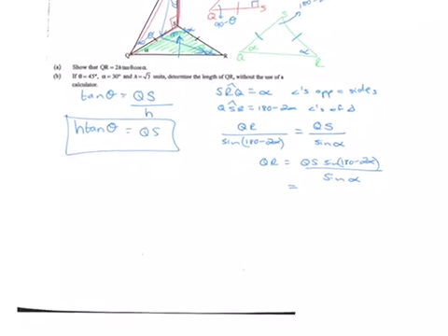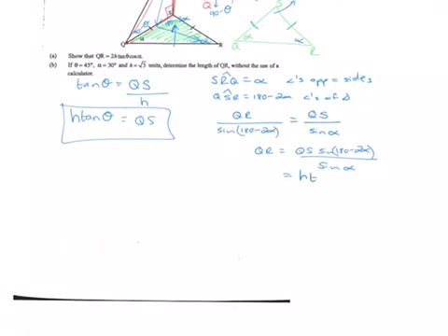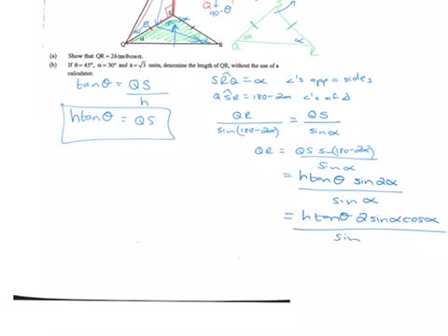Alright, so now QS we can replace with H tan theta, and sine (180 minus 2 alpha), that's in sine's quadrant, so it becomes sine 2 alpha all over sine alpha. Expand that double angle to 2 sine alpha cos alpha all over sine alpha.